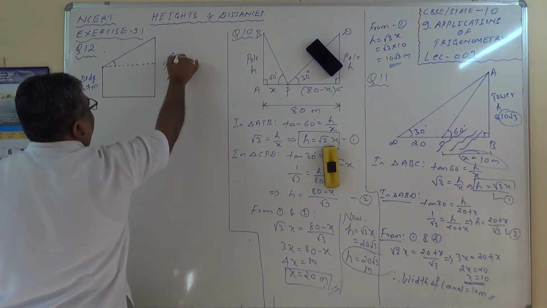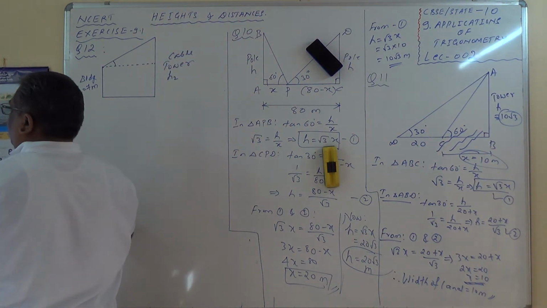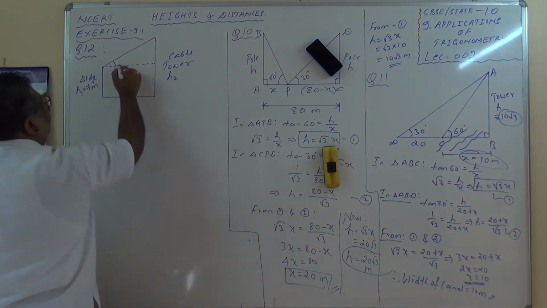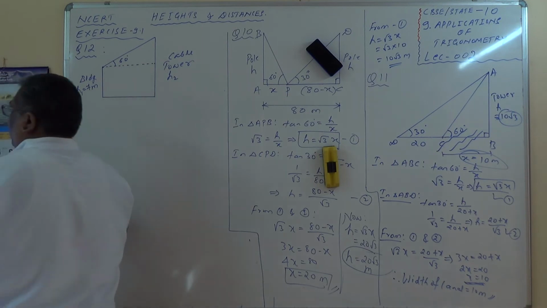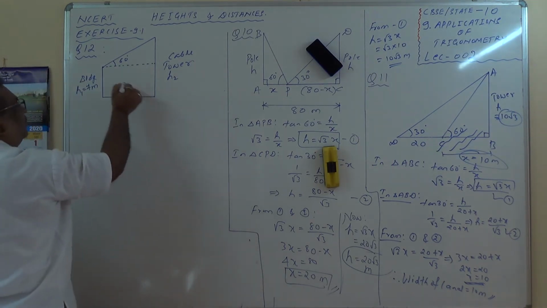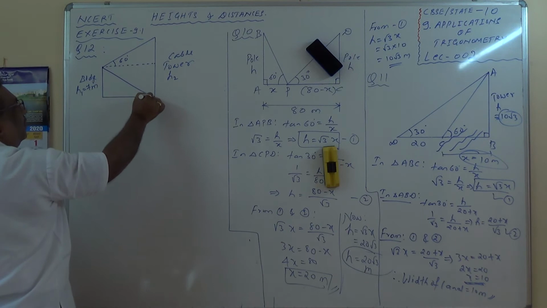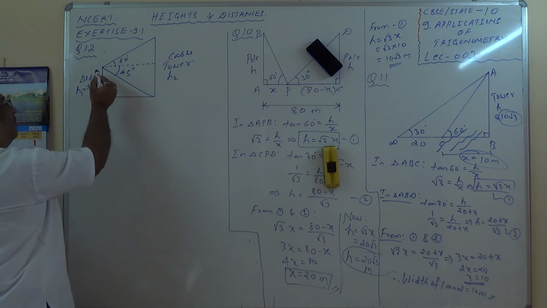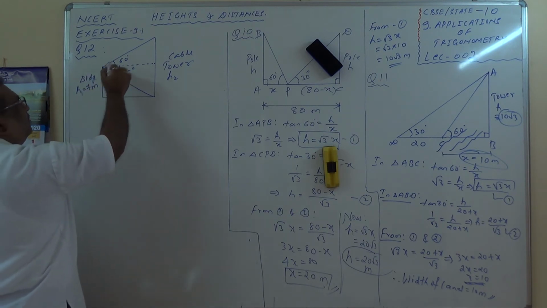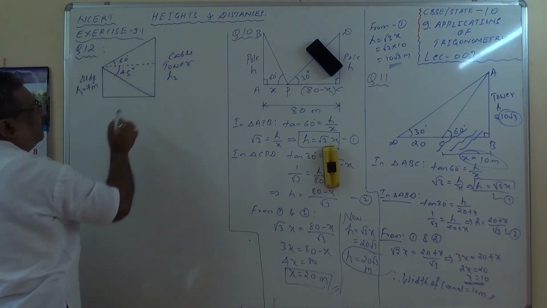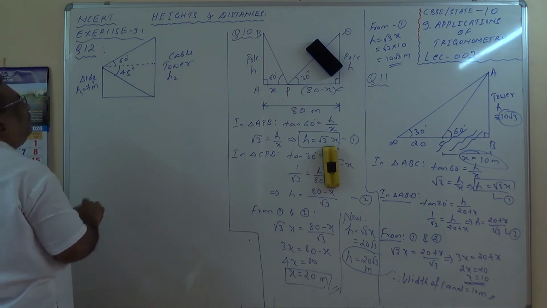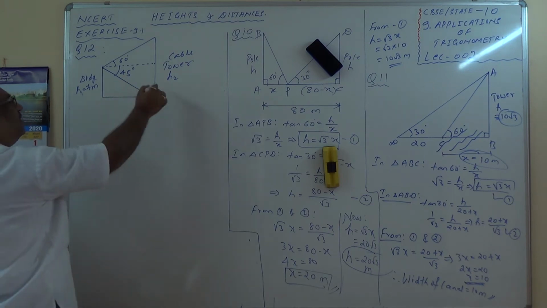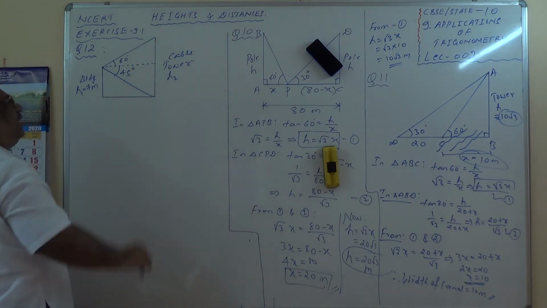The angle of elevation is 60 degrees. And the angle of depression of the foot of the tower is 45 degrees. This is the diagram. We are on the top of the building, observing the top and the foot of the cable tower. So the angle of elevation is 60 degrees and the angle of depression is 45 degrees. In this case, we need to find the height of the cable tower.